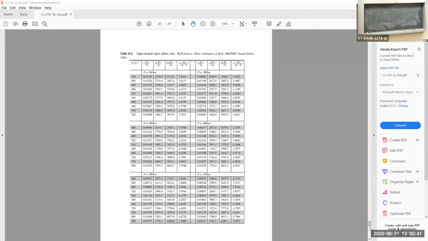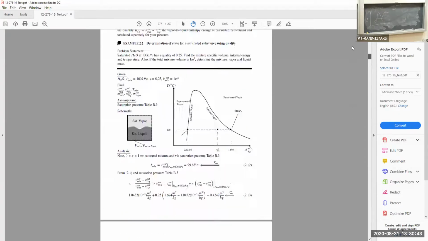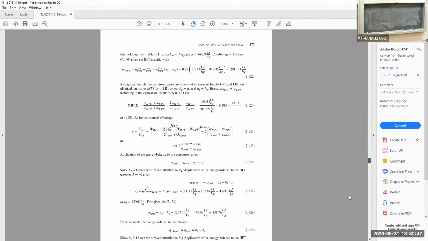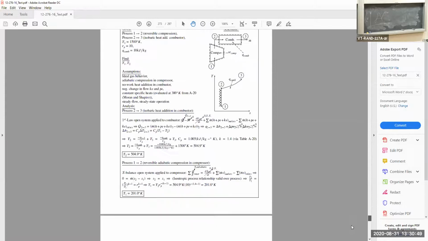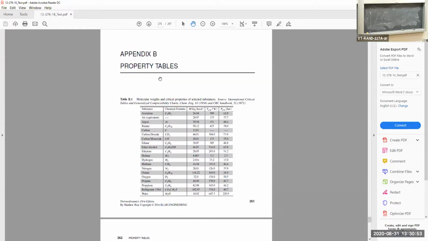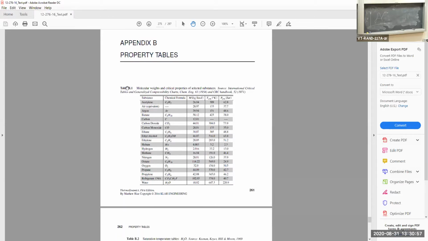So here's the PDF of your notes. I encourage you to either get the textbook or get the notes. And if you go to the very end of the notes, you see a bunch of tables. So index, appendix B, property tables. Don't worry about table B1 yet. It basically gives chemical formulas, molecular weights, critical temperatures and pressures for various substances.